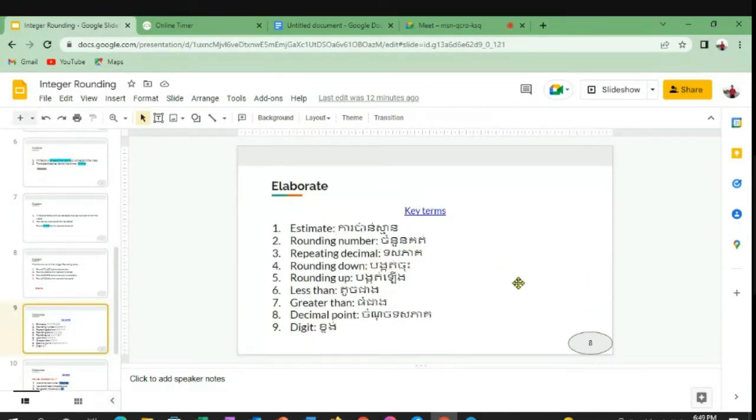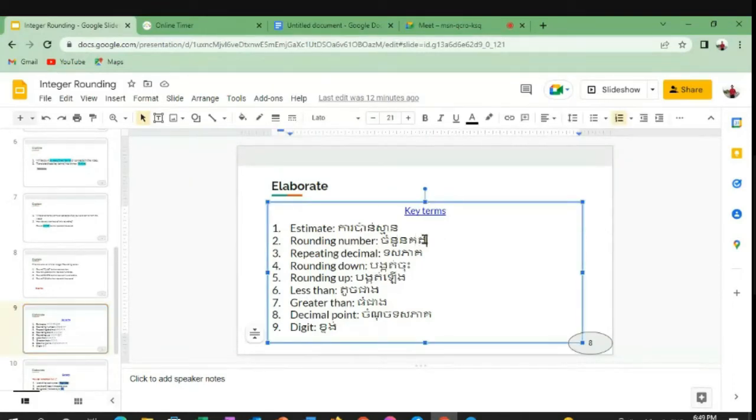And the key terms of the lesson. Number 1 is estimate, and rounding number. Repeating decimal.